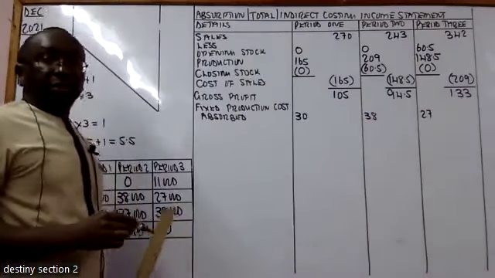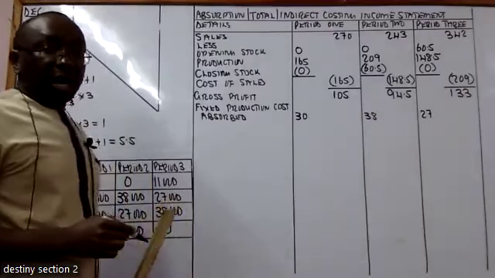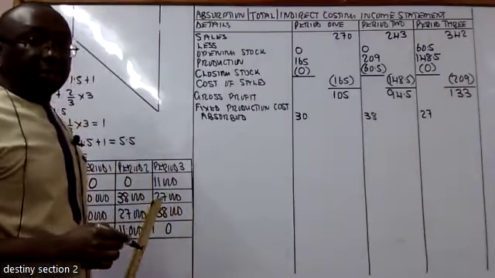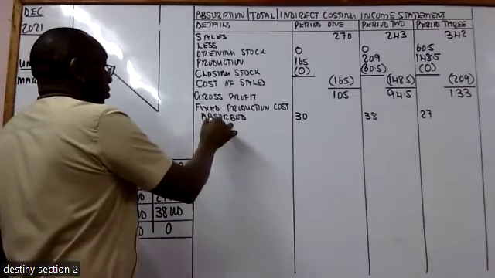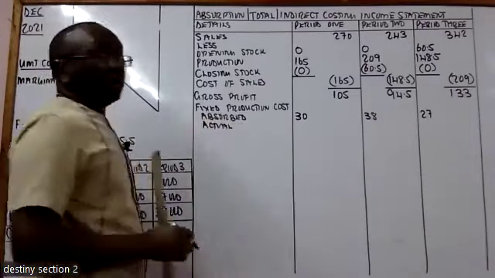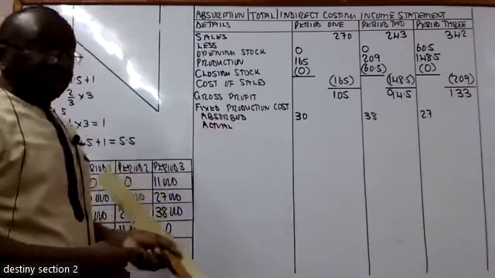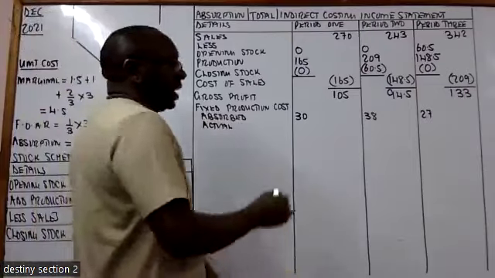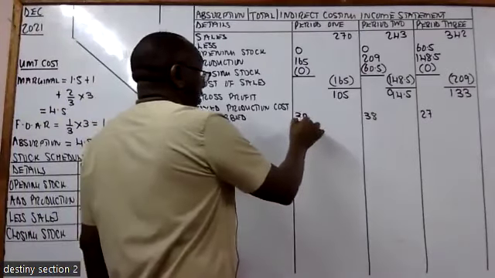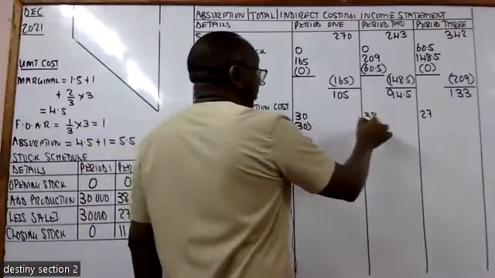Those are the absorbed. The OER multiplied by the units. Then you get the actual. Actual is the one that we charged in the marginal. You remember in the marginal, we charged 30,000 everywhere. So 30.